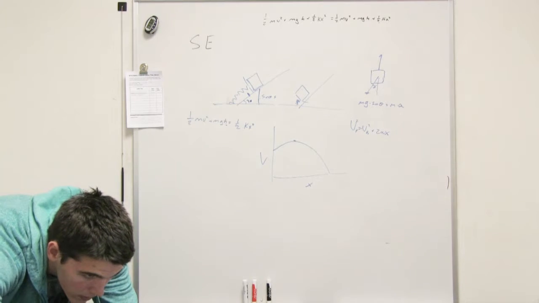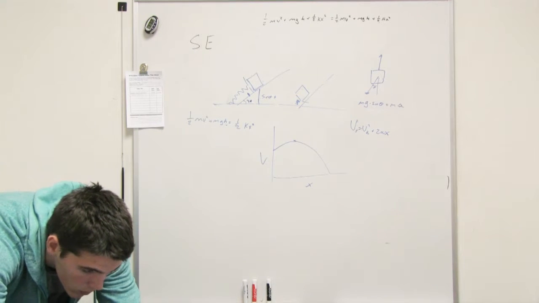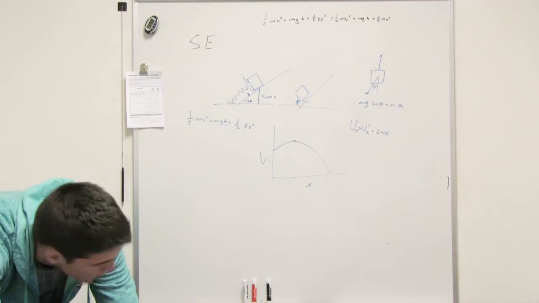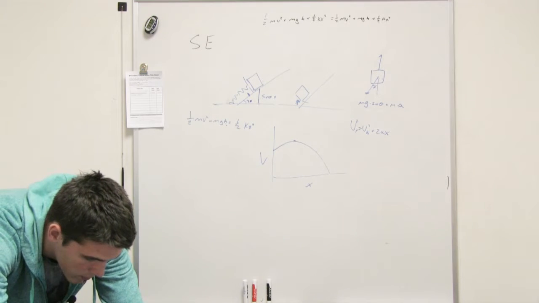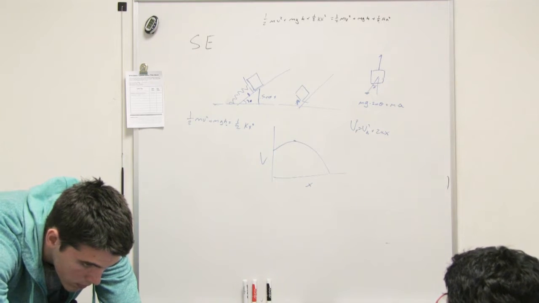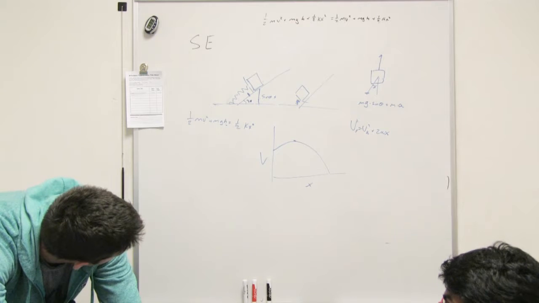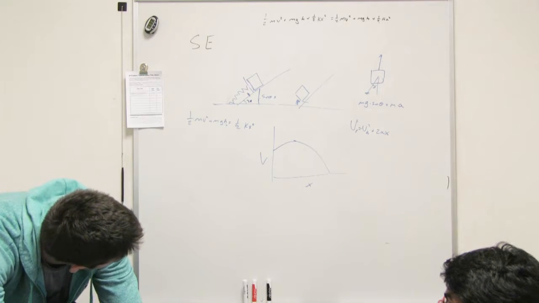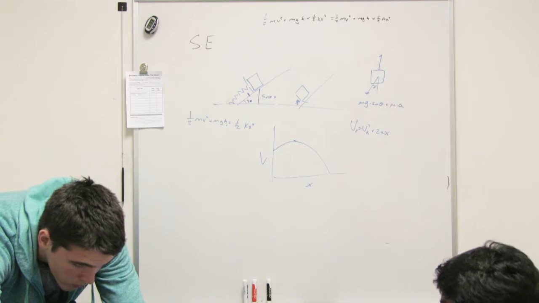Then what does that mean? V is equal to the square root of 2 times g times sine of theta, times x. Is it g times sine of theta? Yeah, that's it. Times x, 4, just 4.